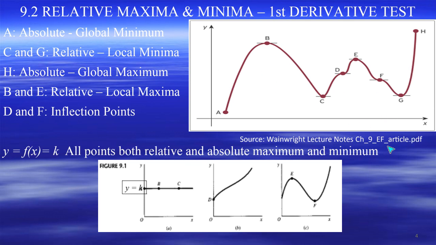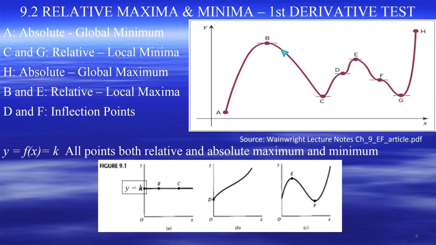It is from the notes of Wainwright at chapter 9, PDF articles by Wainwright as lecture notes to our book, but you can also find it in our book, I guess. I just took it from this PDF file.